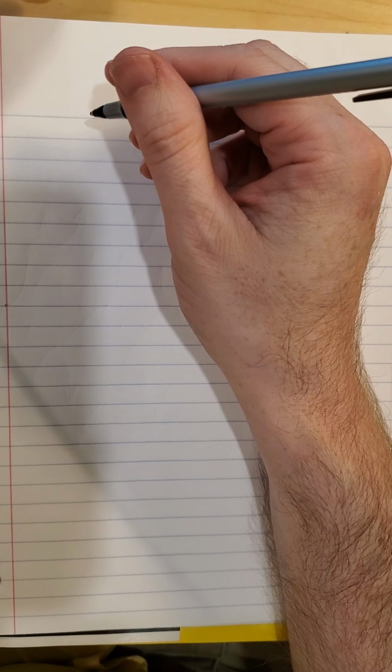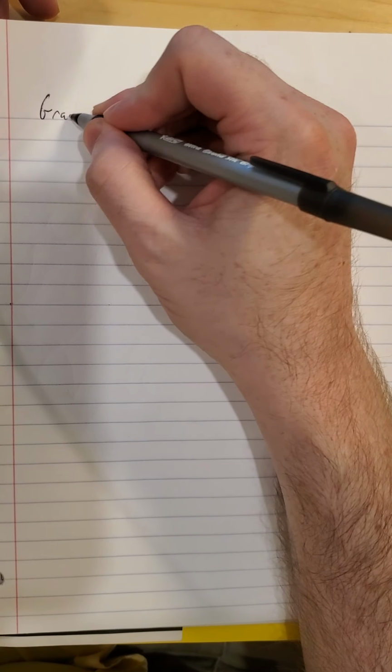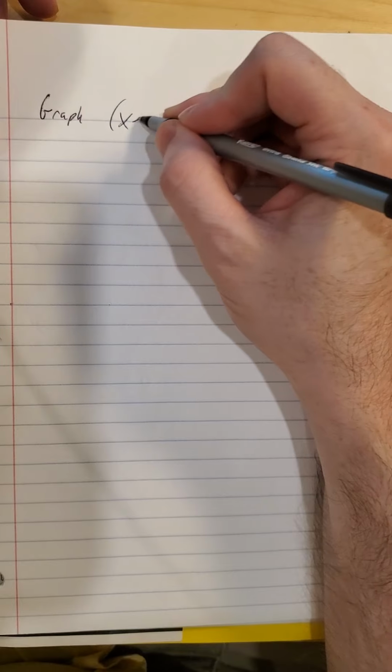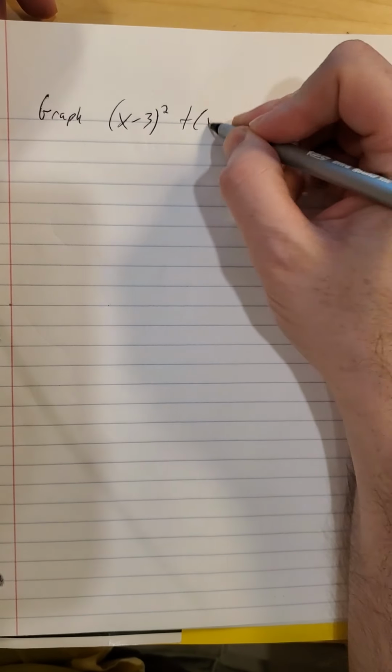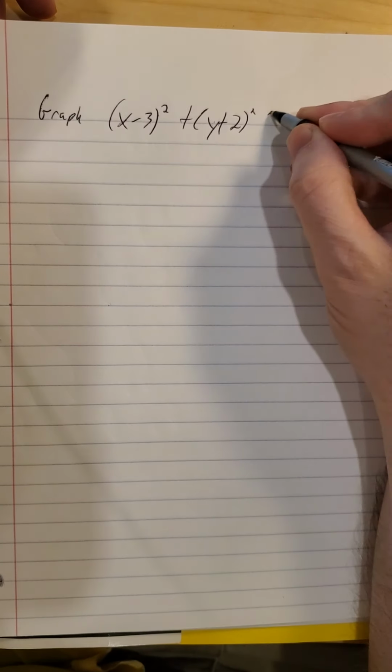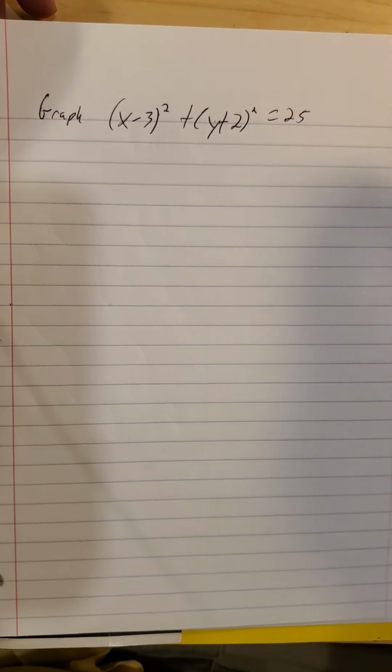So then we use that knowledge to sketch a graph. Again, while we're doing this remote, since I can't pass out printed handouts with a nice, neat, pretty grid on them, you'll be kind of doing your best to scale it in. But we'll sketch the graph for (x - 3) squared plus (y + 2) squared equals 25.